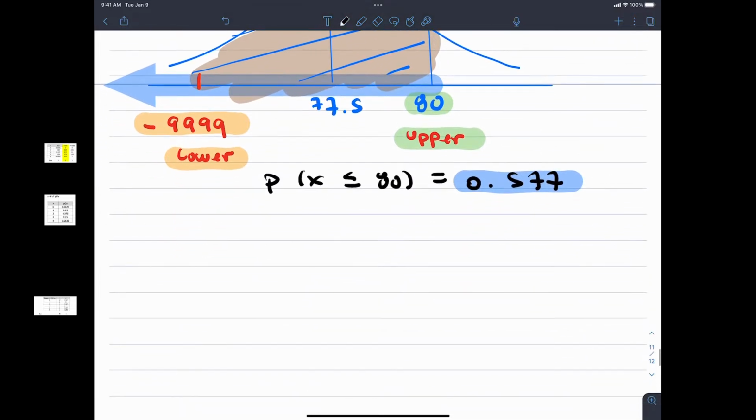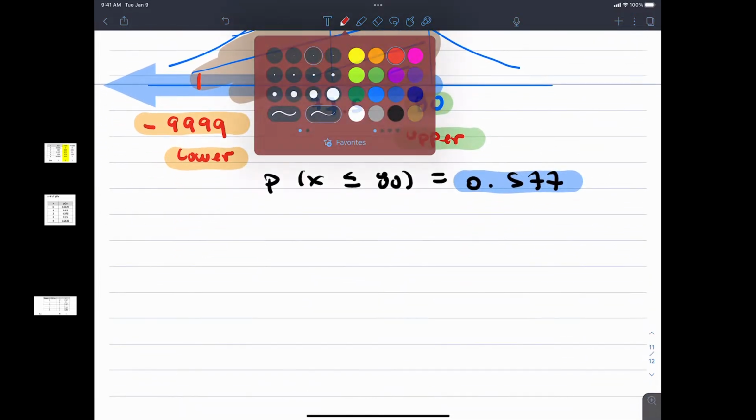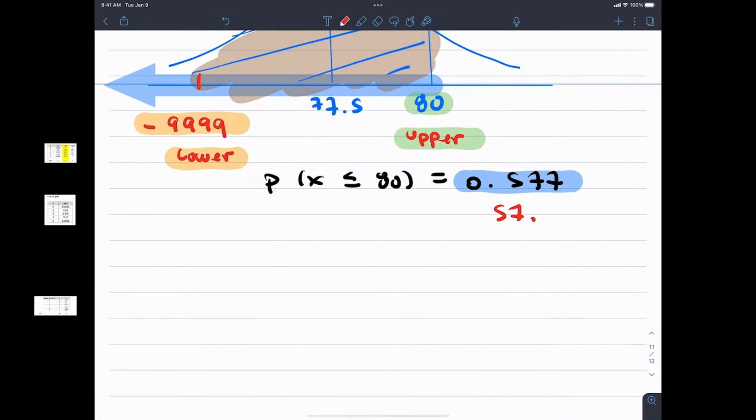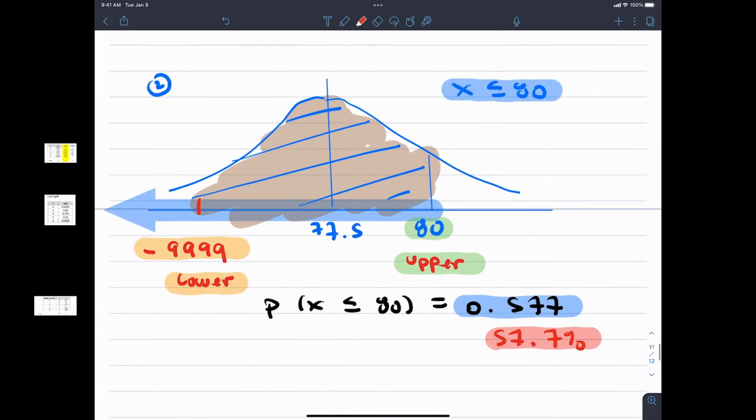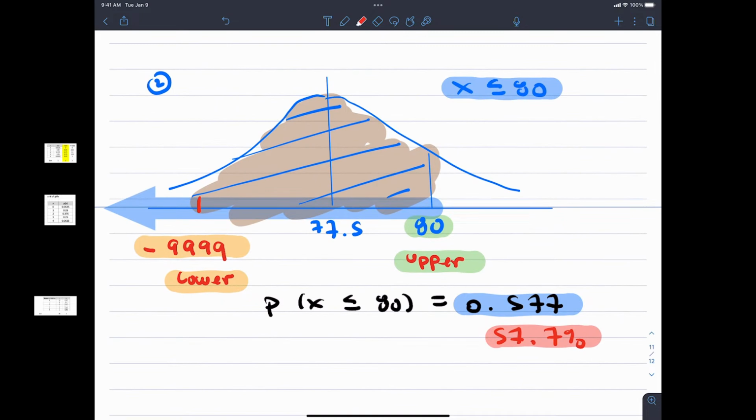So now if they said, well, they asked me for percent, so you convert the probability to a percent. And that's 57.7 what? Percent. So isn't this kind of like what we did yesterday? Do you guys see what I'm saying? This is like what we did yesterday, except we're going to have more.